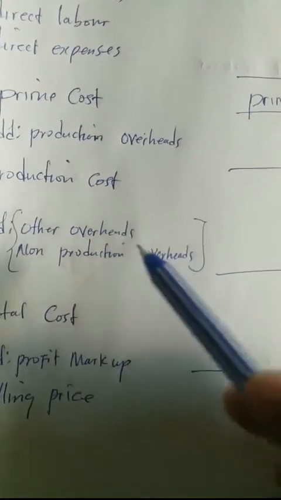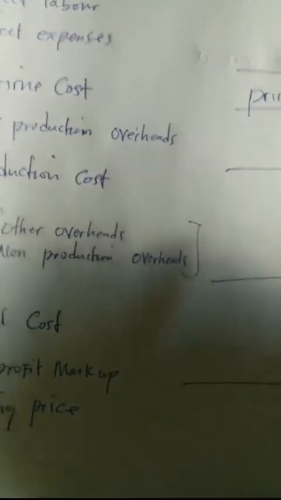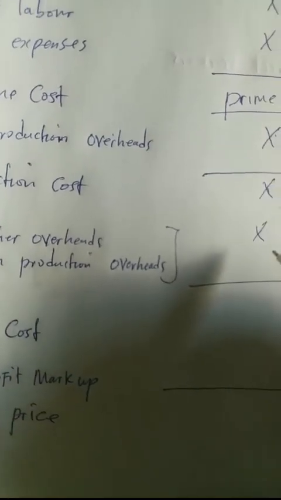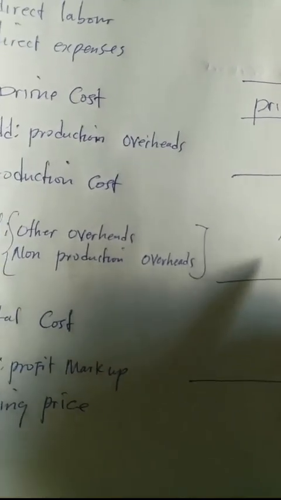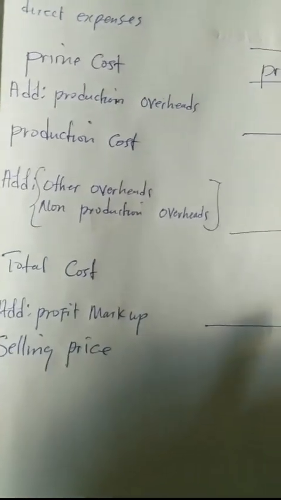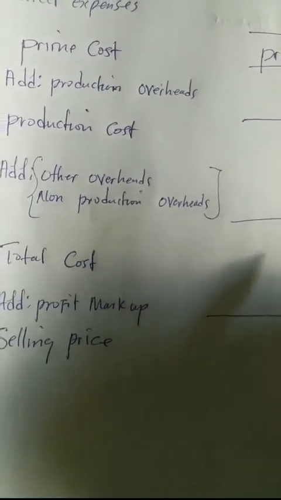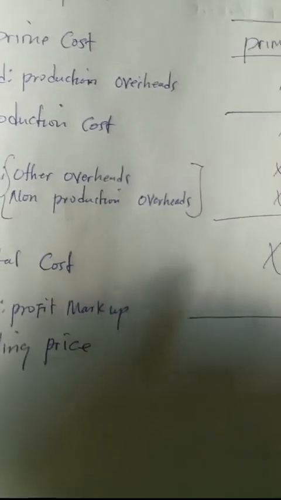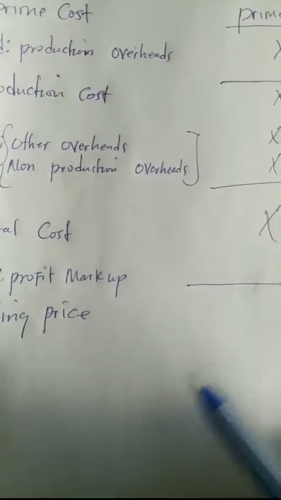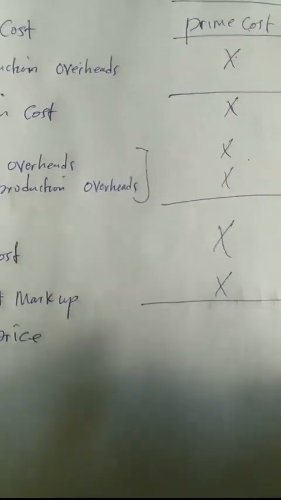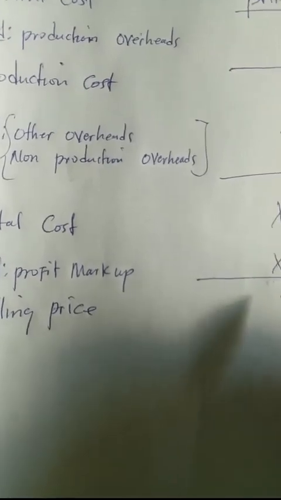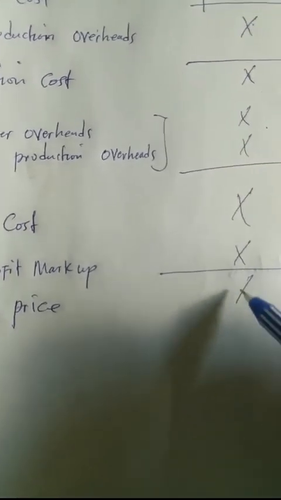And then when you add other overheads or non-production overheads, you're going to come to what we are calling total cost. And then when you add profit or markup, you're going to have the selling price here.